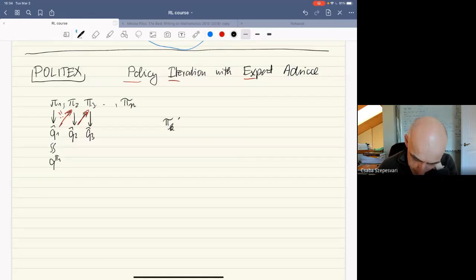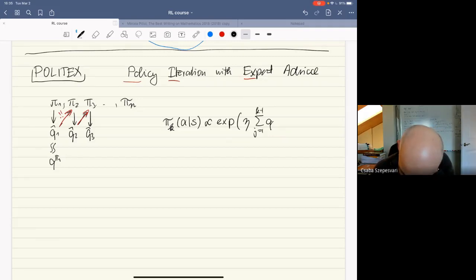So pi_k of a given s, the probability under this kth policy of an action given s, is going to be proportional to e to the power of some eta, which is going to be a tuning parameter, times the sum from 1 to k minus 1 of the approximate value functions.